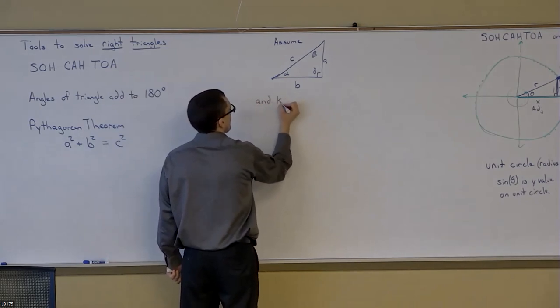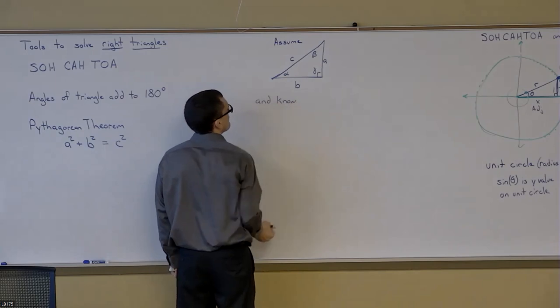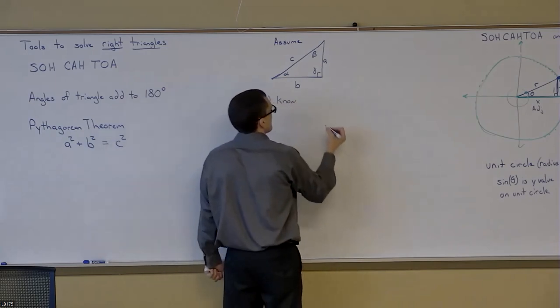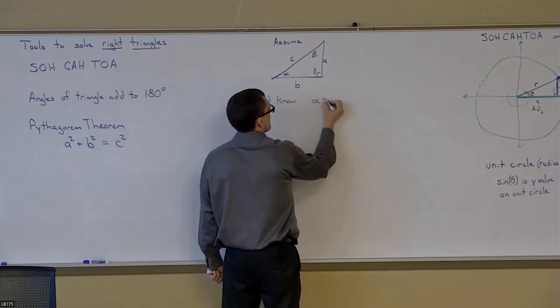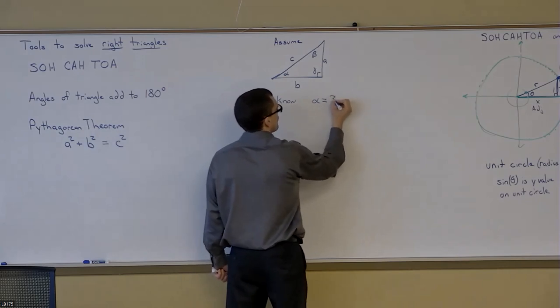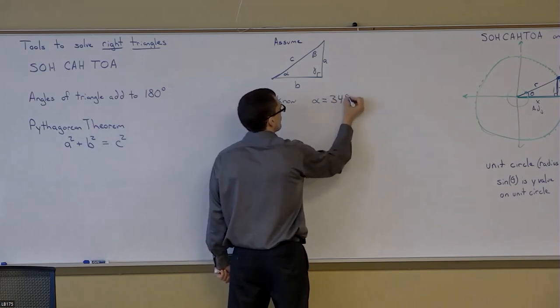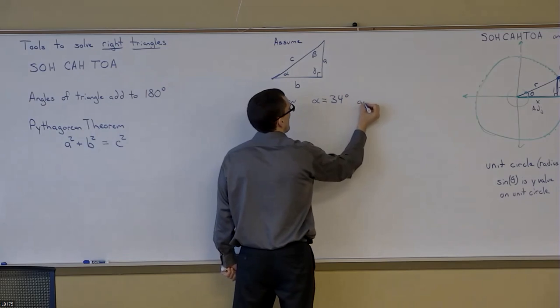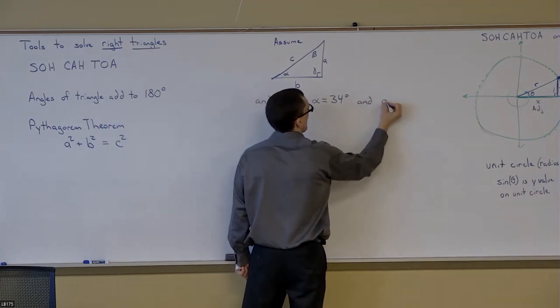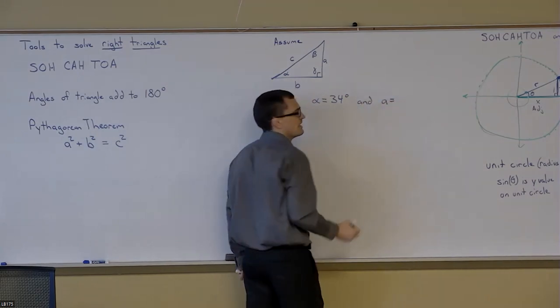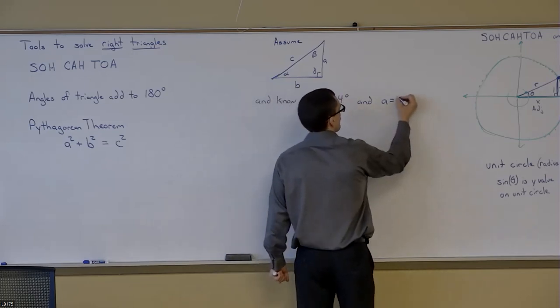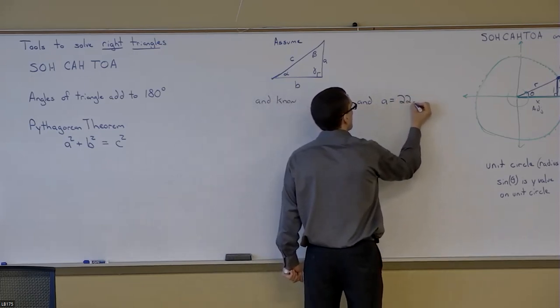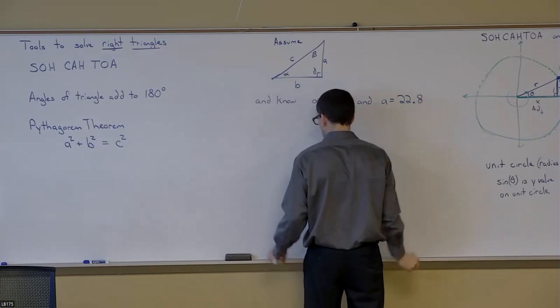Assume we have that picture, and we know that alpha is 34 degrees and A is length 22.8.